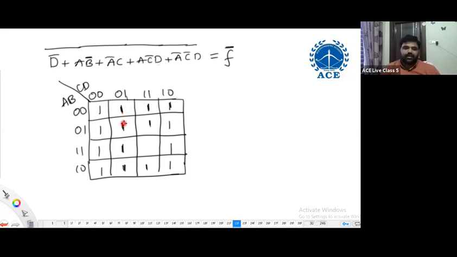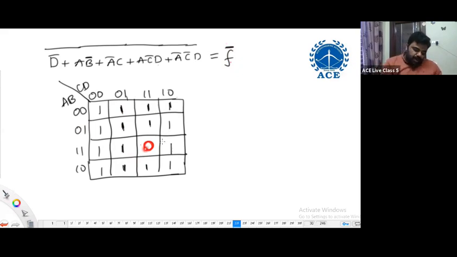Right? For F, this is the only max term, right? Yes or no? This is the only max term we have. For F, if I take F bar, minterms become max terms and max terms become minterms.